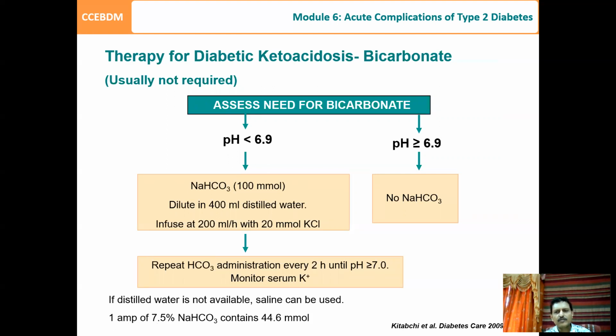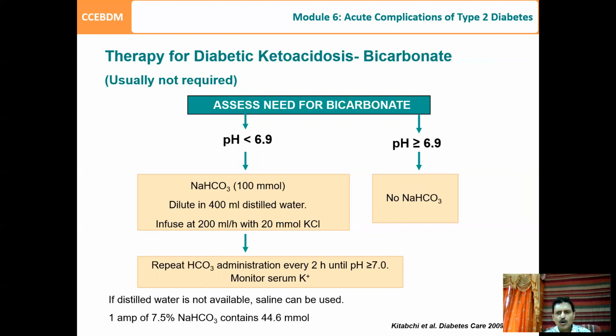Say you are giving 2 units per hour. Just look at the insulin infusion rate in the last 4 to 6 hours. So in the last 6 hours, the average insulin infusion rate is, say, 2 units per hour.